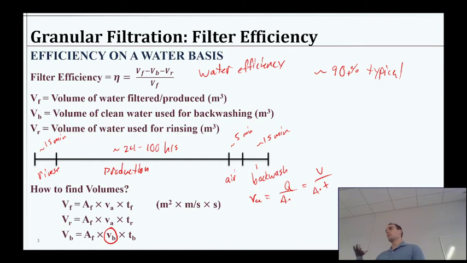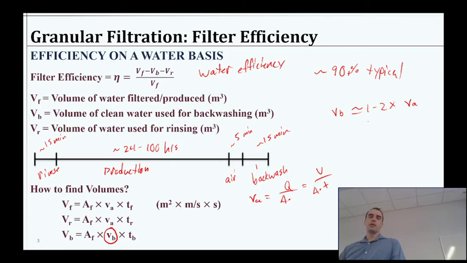Our only limitation really is we don't want to push all the sand grains out with the particles. And so it's pretty common to have a faster backwashing step than the loading rate. But a default would be to treat it the same if you were not given any information about it otherwise. So VB here is somewhere between 1 to 2 times VA.